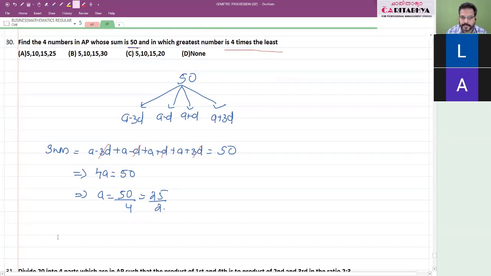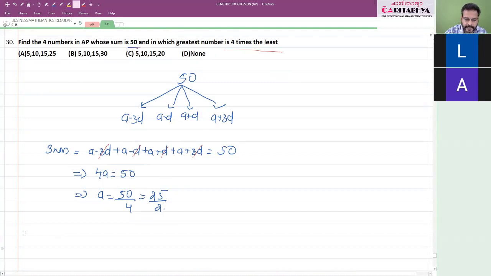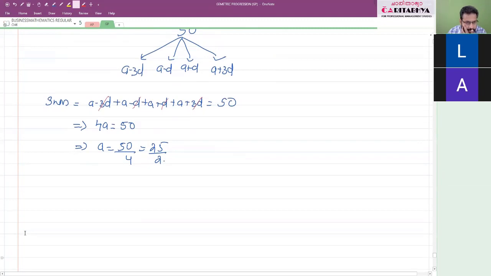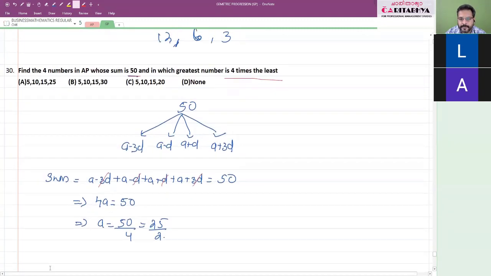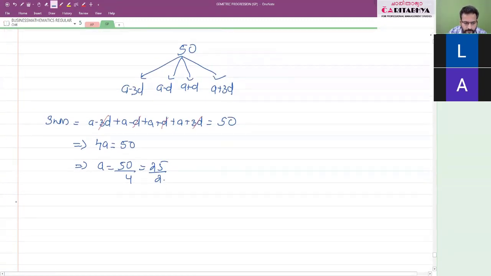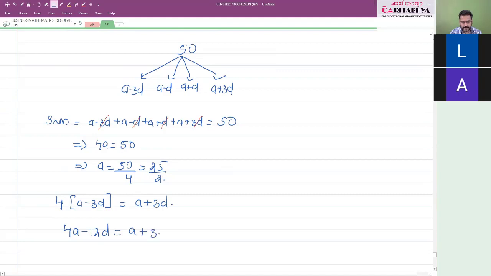Then the question says the greatest number is A plus 3D, which is 4 times the least. So A plus 3D is equal to 4 into A minus 3D. Multiplying, 4A minus 12D is equal to A plus 3D. 3A is equal to 15D.